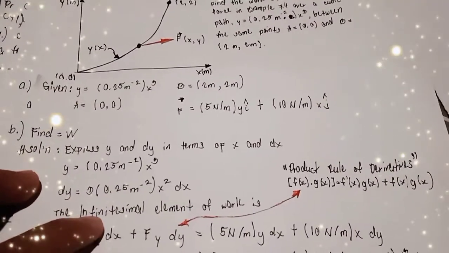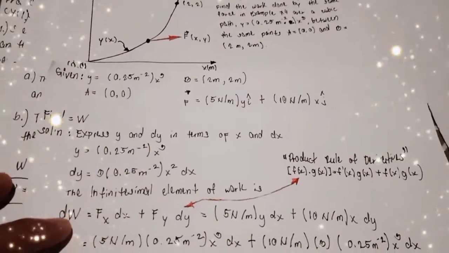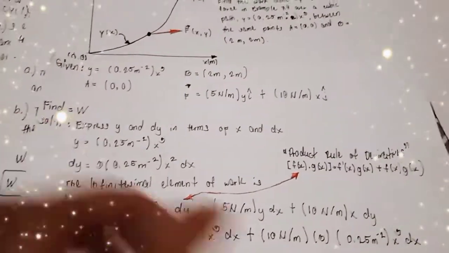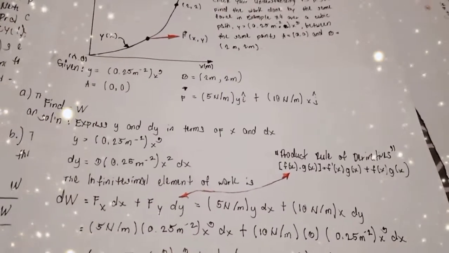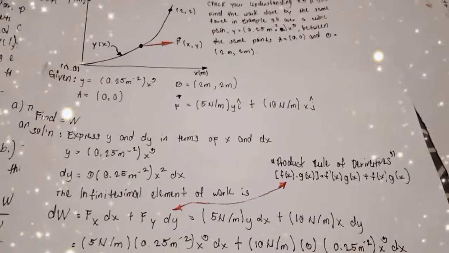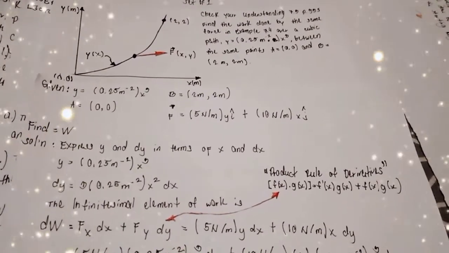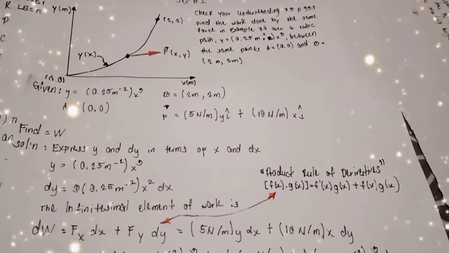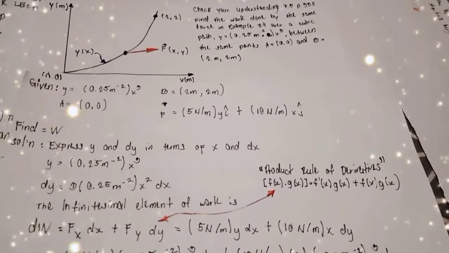So the infinitesimal element of the work is dW, which uses the basic derivative, the product rule: (f(x) g(x))' equals f'(x) g(x) plus f(x) g'(x).